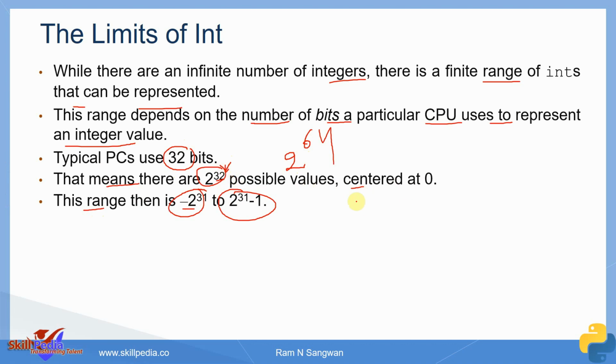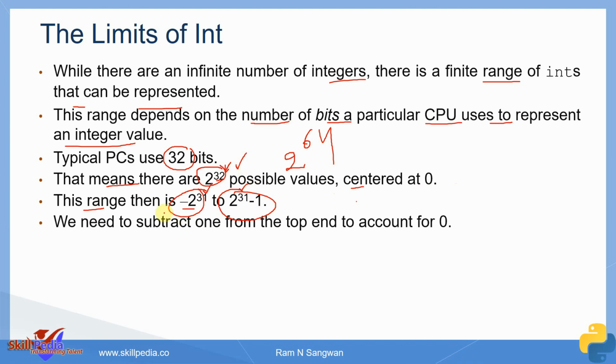That one value is for sign, because we need to use the sign also. 0 for plus, 1 for minus. So 1 bit is reserved for sign, the rest 31 bits for data. We need to subtract 1 from the top to account for 0 also. This 1 is subtracted because we need to count value 0.